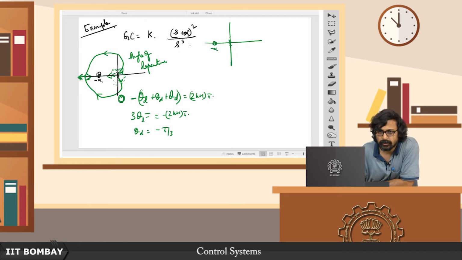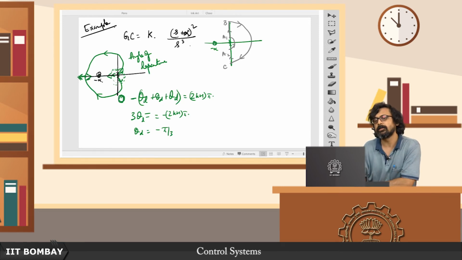Let us draw this D contour like this. This is A1, this is B, this is C, and this is A2. This is how it's traversed, in the Argand plane.